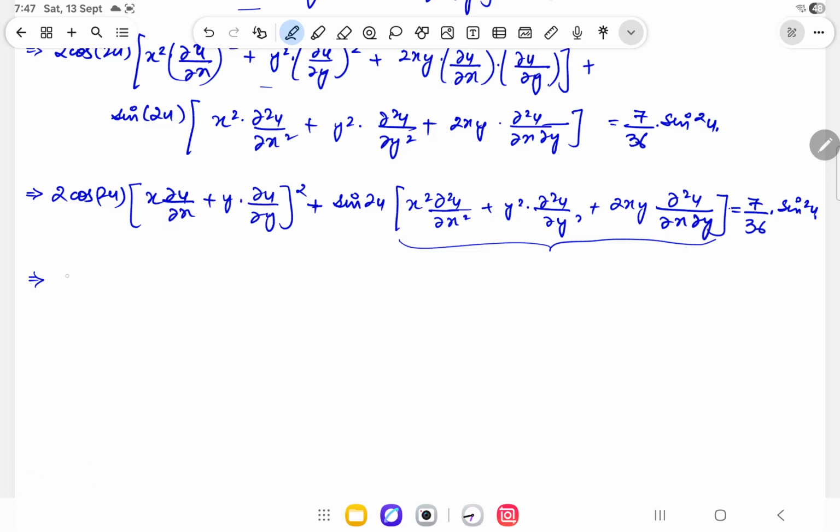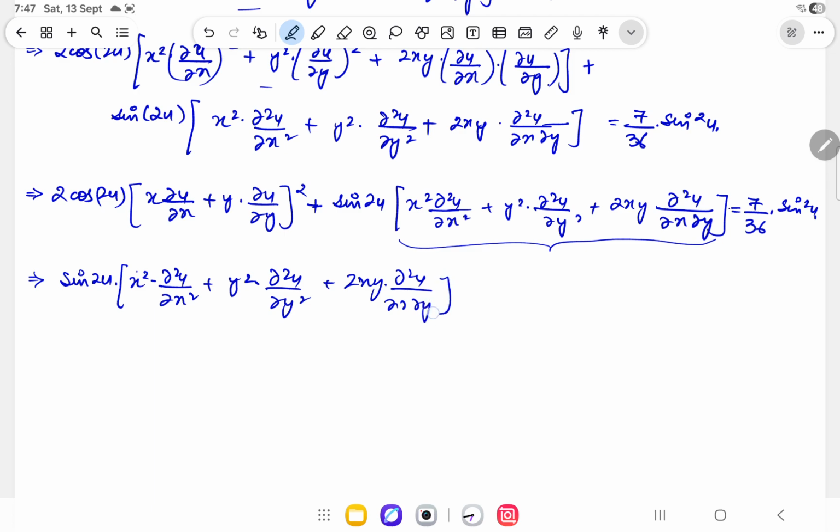So we'll get sin 2u into x square into del square u by del x square plus y square into del square u by del x del y. So this thing is equals to 7 by 36 into sin square u minus 2 cos 2u into u.